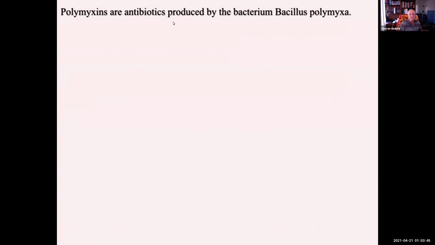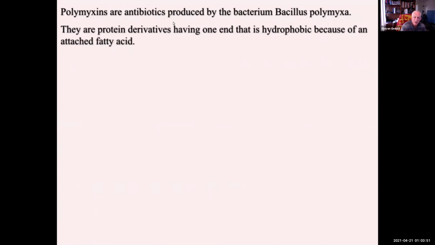So polymyxins are antibiotics produced by the bacterium Bacillus polymyxa. They are protein derivatives having one end that is hydrophobic because of an attached fatty acid. Remember the fatty acid chains that attach, like in triglycerides? The hydrophobic portion dissolves in a hydrophobic solution. The opposite end is hydrophilic, water-loving. It's polar.